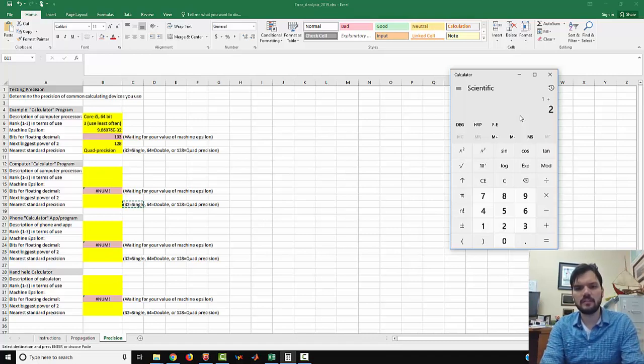1 plus 2 caret parentheses negative 32. Okay, well, it looks like it's displaying more than just 1, so we subtract 1, we should get the remainder. Again, that's still not the smallest it can be. So then we take 1 plus 2 to the negative 64.